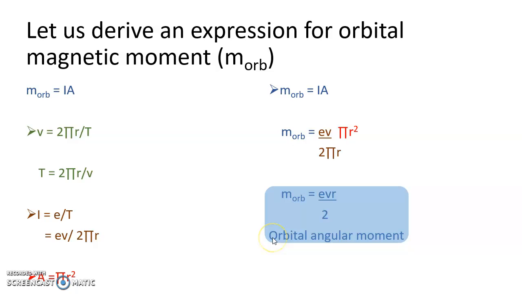This is the formula for the orbital magnetic moment of the electron due to its orbital motion. So the magnetic moment produced due to the orbiting motion of the electron is denoted by m orbit, and its formula is e v r divided by 2. e is the charge on the electron, v is the velocity of the electron, and r is the radius of the loop.